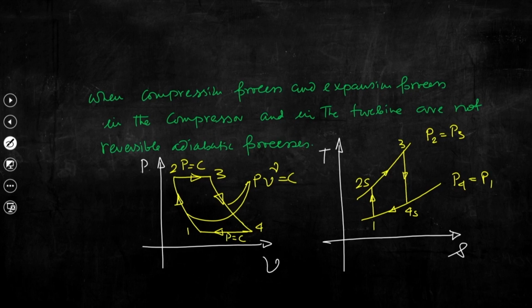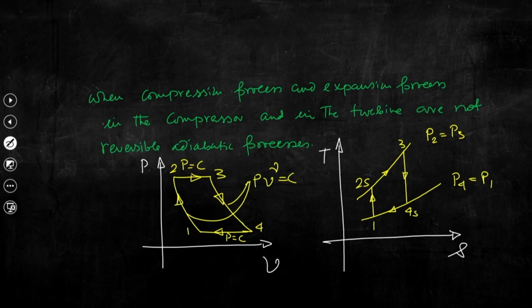If we try to represent the compression process by an isentropic, reversible adiabatic compression, and reversible adiabatic expansion of the working fluid inside the turbine, then we can represent these two processes by 1 to 2s and 3 to 4s, these two lines at constant entropy.